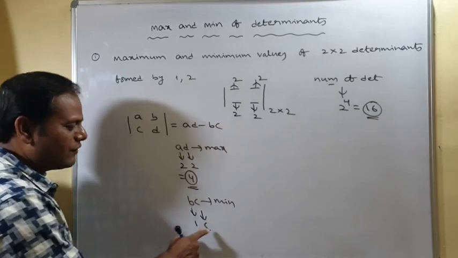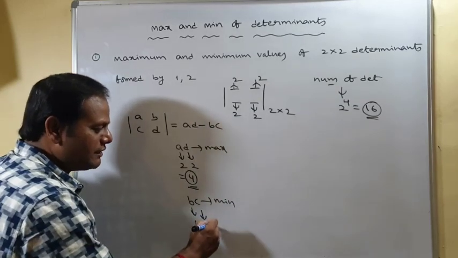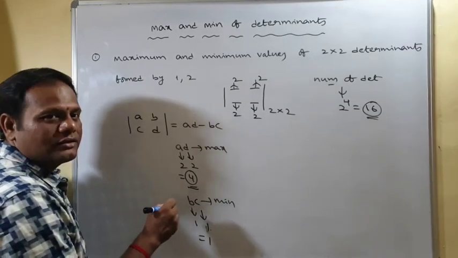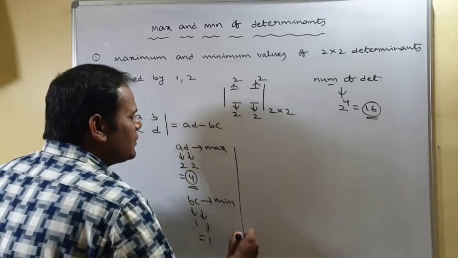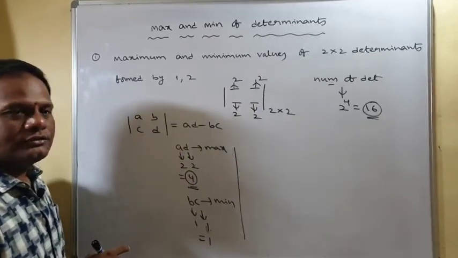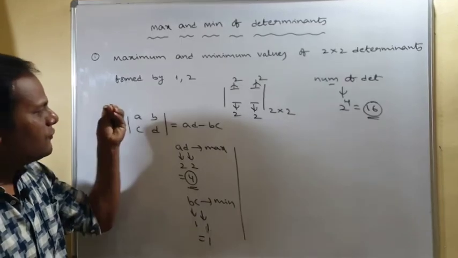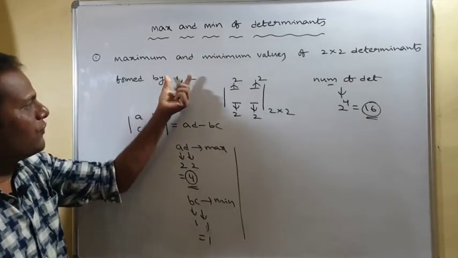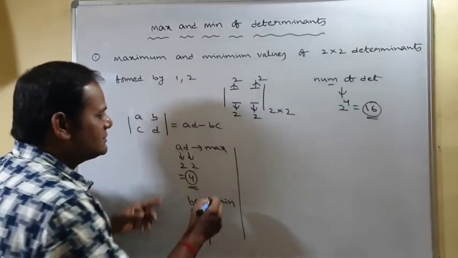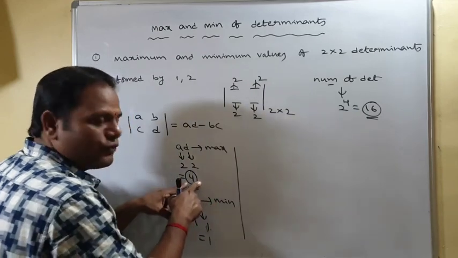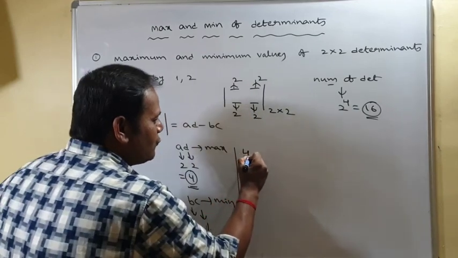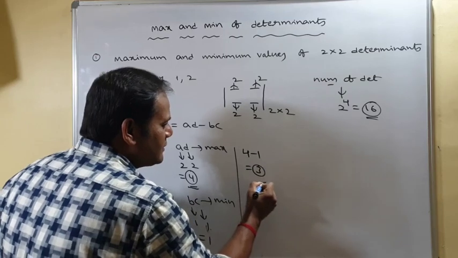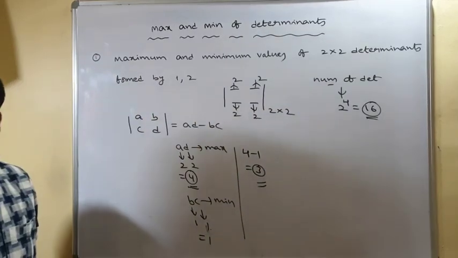Then 1 into 1 is 1. So BC is 1. Tell me, what is the maximum value of the determinants formed by the elements 1 comma 2? AD is 4, BC is 1, so 4 minus 1. The answer is 3.